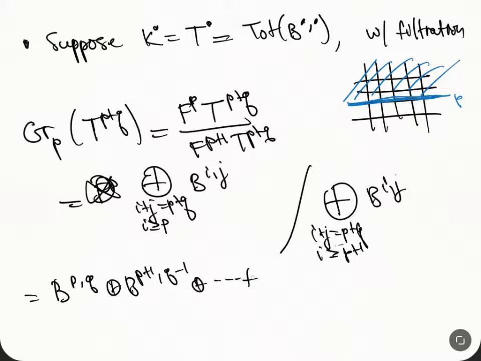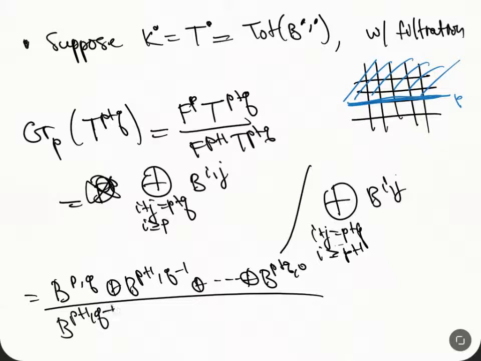So we have this thing all the way down to P plus Q, 0. And again, we have B P plus 1, Q minus 1. And then we can see that this is what's going to happen, and this is just B P plus Q. Okay, so this is the right way.